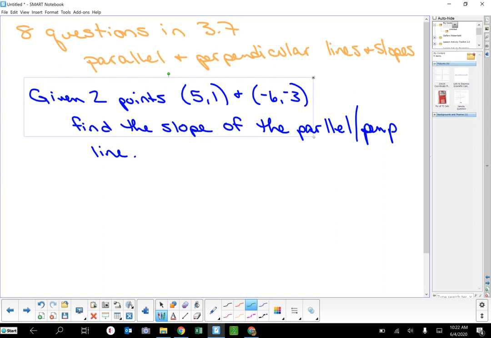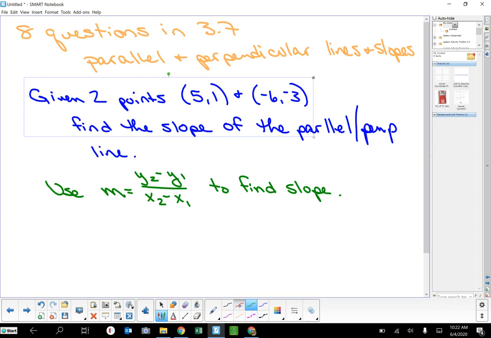So your methodology here is going to be to use the slope formula. Right? You're going to find the slope. And if you need the parallel slope, well, parallel slopes have the same value, right?